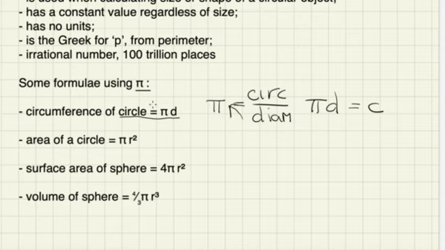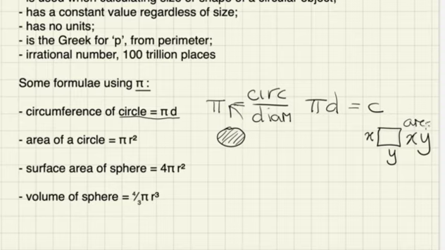How about the area of a circle? So we have a circle, and we're trying to find out what the area is. If you remember, with a square or a rectangle, we found one side and then the other side, and so the area would be x multiplied by y. So that was for a square.